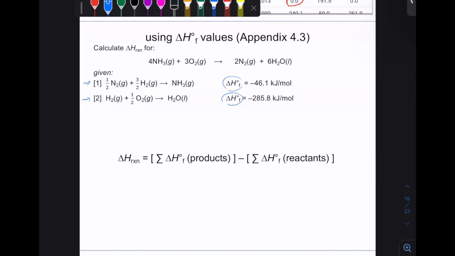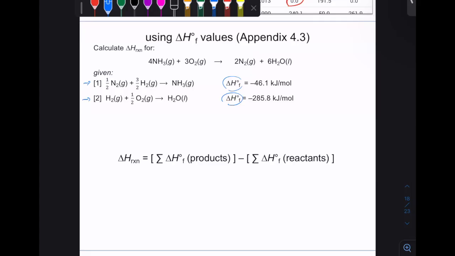This is no longer delta H of reaction, although it is delta H of reaction, but this particular reaction happens to be the delta H of formation for forming 1 mole, and it's under standard conditions. So if it's under standard conditions, we can use the values in appendix 4.3. Here, I don't need to write an arrow for that. It says it right up on top. But the rest is just Hess's law. So now let's do it.